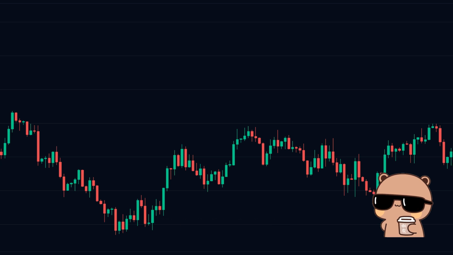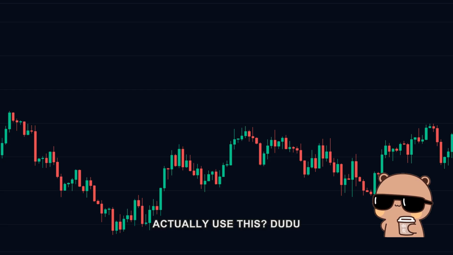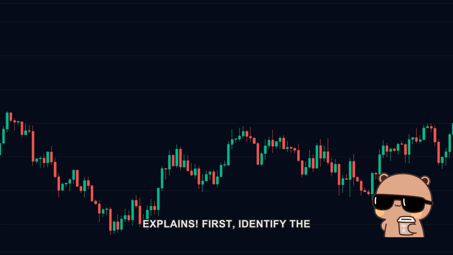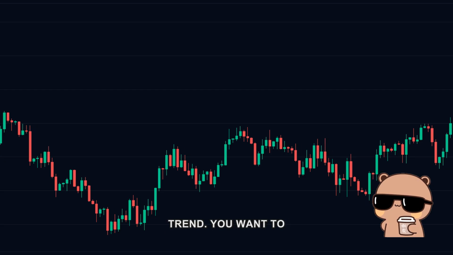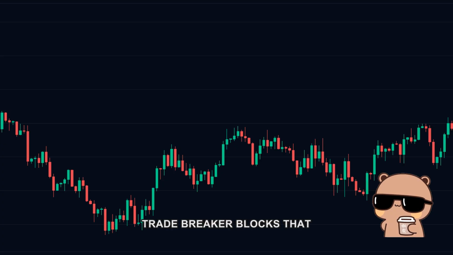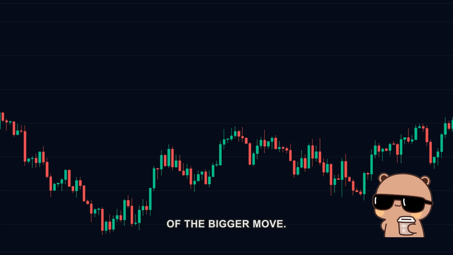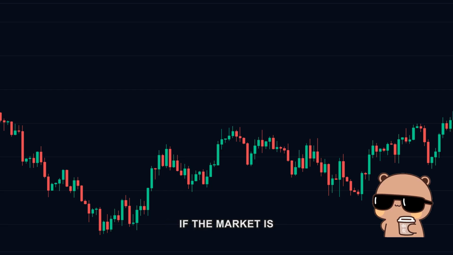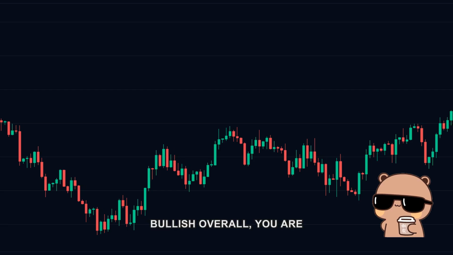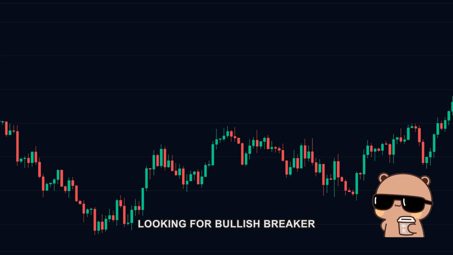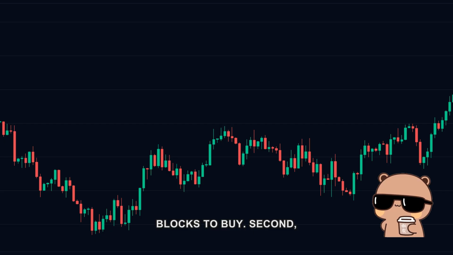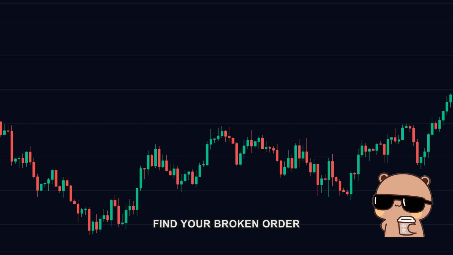So, how do you actually use this? Dudu explains. First, identify the trend. You want to trade breaker blocks that are in the direction of the bigger move. If the market is bullish overall, you are looking for bullish breaker blocks to buy. Second, find your broken order block.